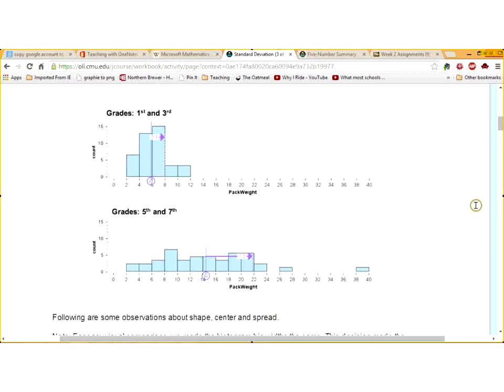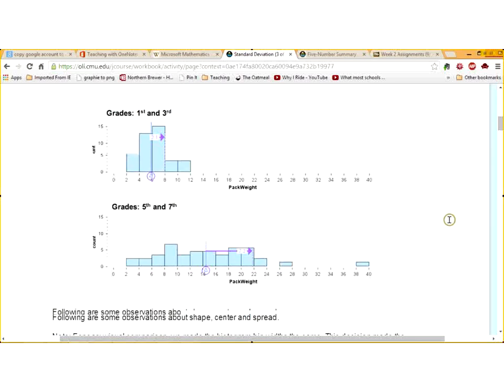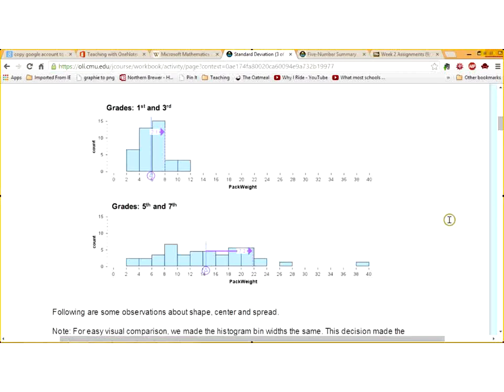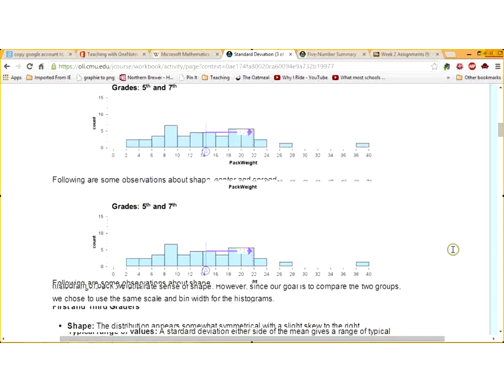Note that the mean weight for 1st and 3rd graders is about 6 pounds. And then you see the standard deviation there, a small purple number of 2.1 pounds. And then the 5th and 7th graders have backpacks that are more than twice as big, over 14 pounds on average, with a standard deviation of 7.2 pounds.